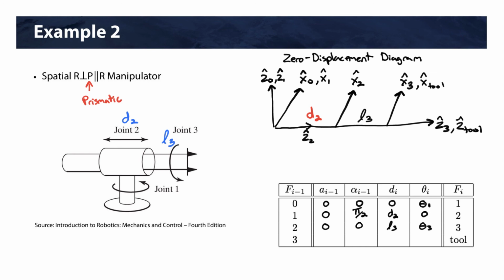All right, and lastly, just to complete the table, frame 3 and the tool frame are equivalent, so this means our parameters in our D and H table will all be 0. All right, and so that completes the D and H parameters for this 3-joint spatial manipulator.